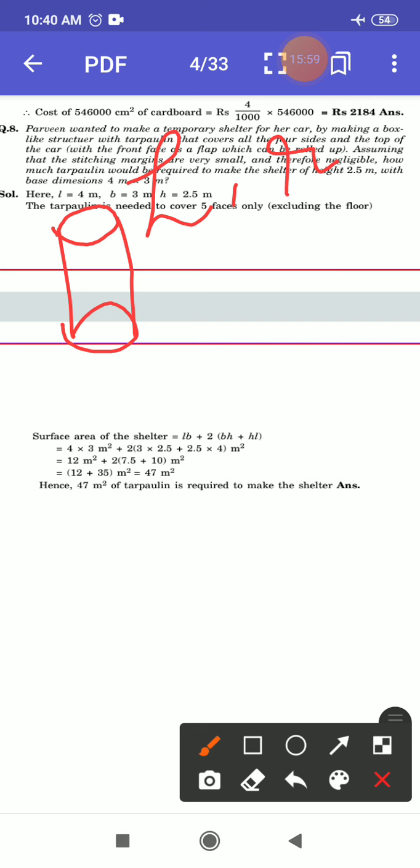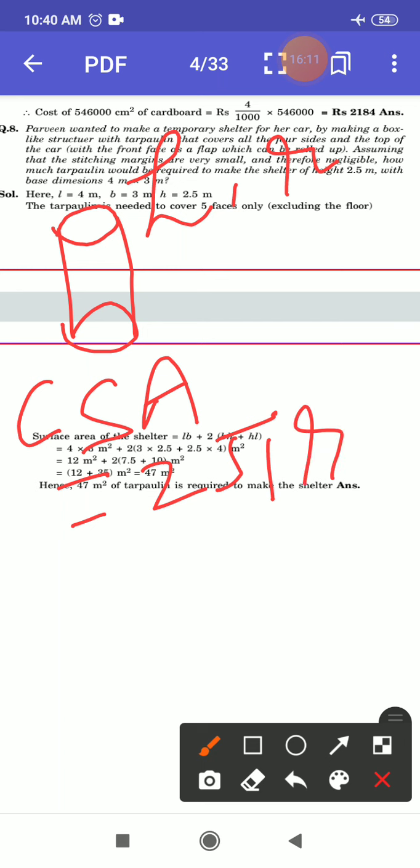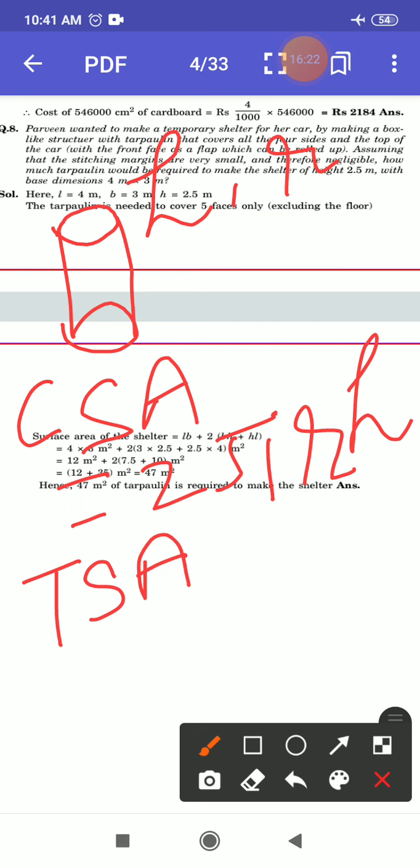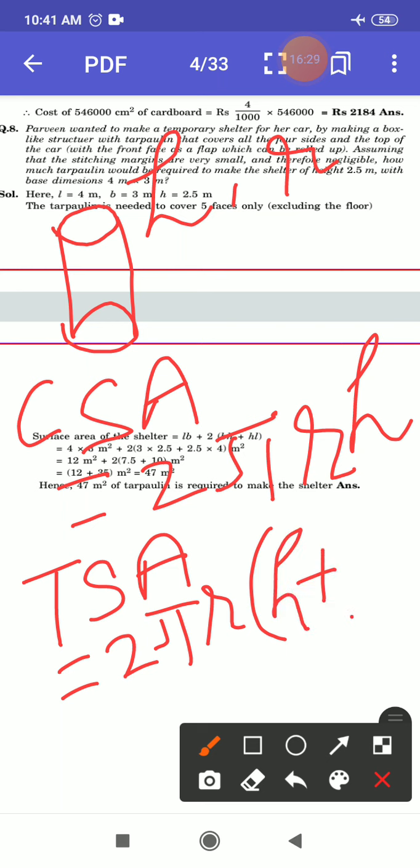Now we have to explain the CSA, that is, curved surface area. For calculating the curved surface area, that is CSA, you have to use the formula 2 pi r h. And if you have to find the value of TSA of a cylinder, that is total surface area, then TSA is equal to 2 pi r bracket h plus r.